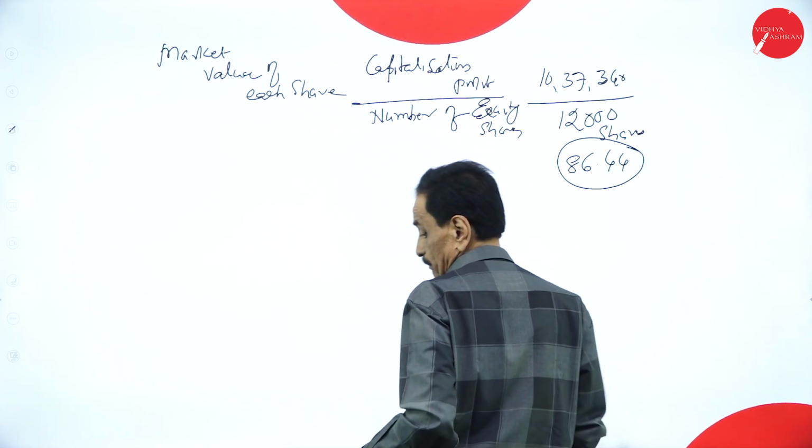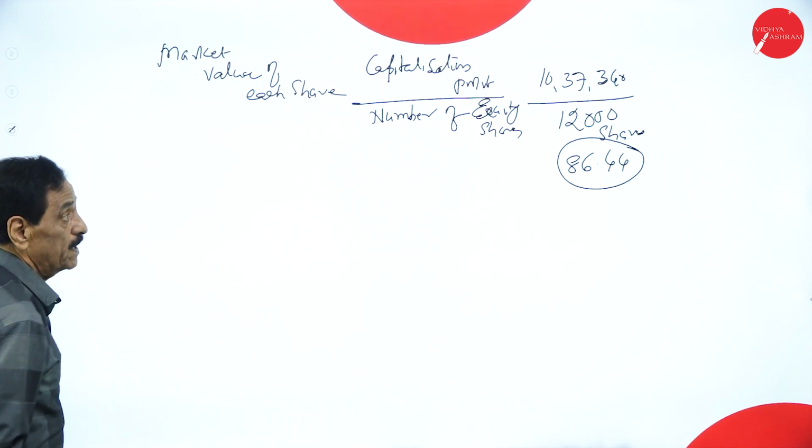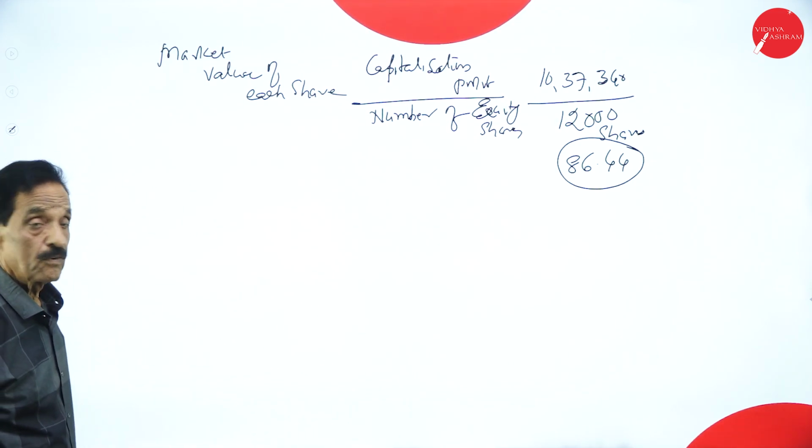Per share, as per profit method, it is 86.44.